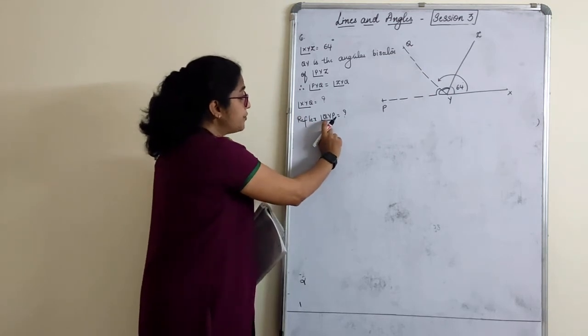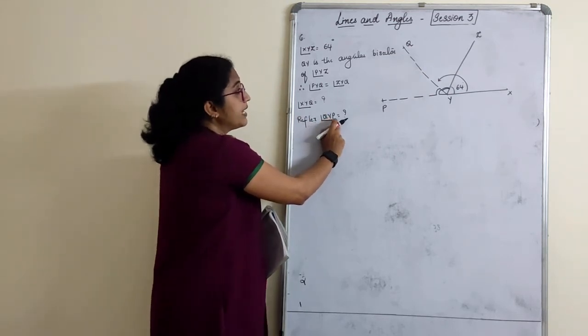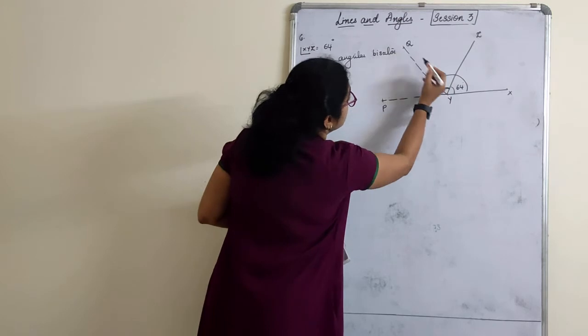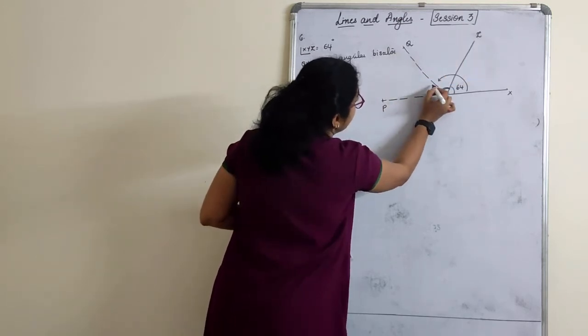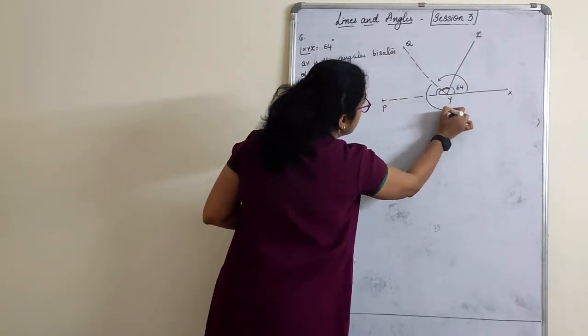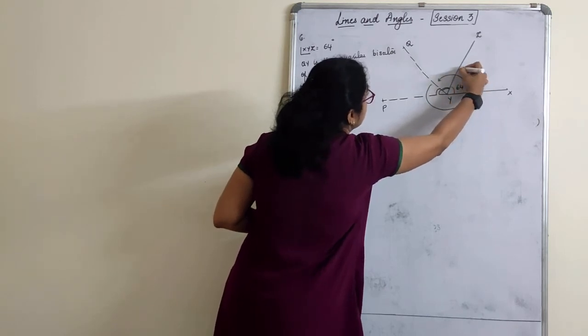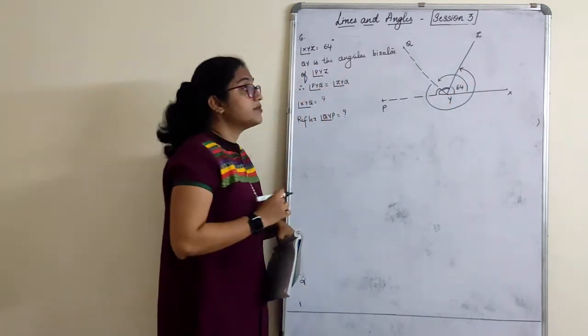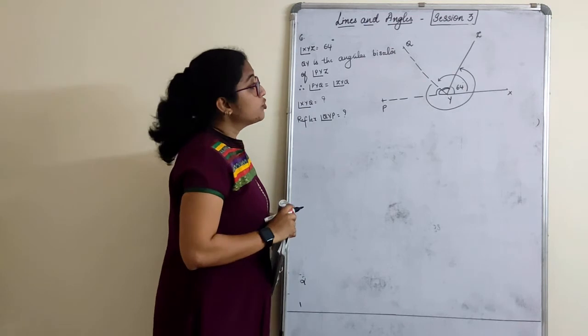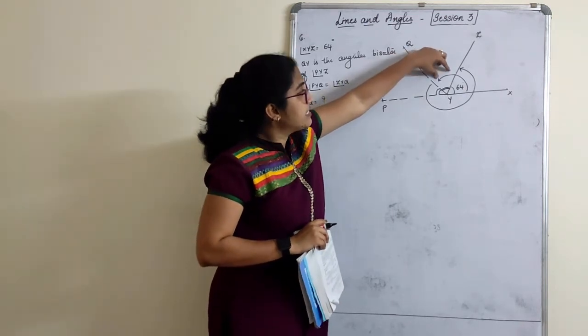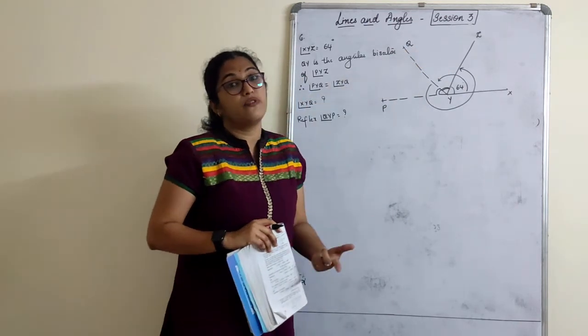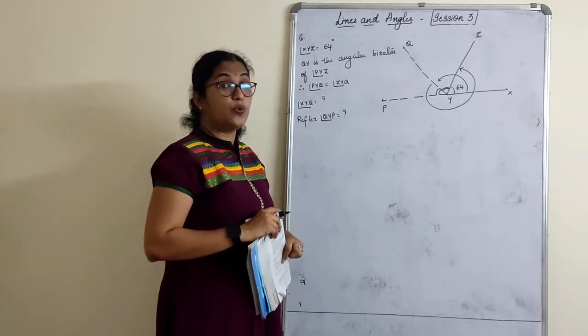Next angle to find is reflex angle QYP. So QYP is this angle. Reflex will go till here. If I find this angle, 360 minus it will give me reflex angle QYP.